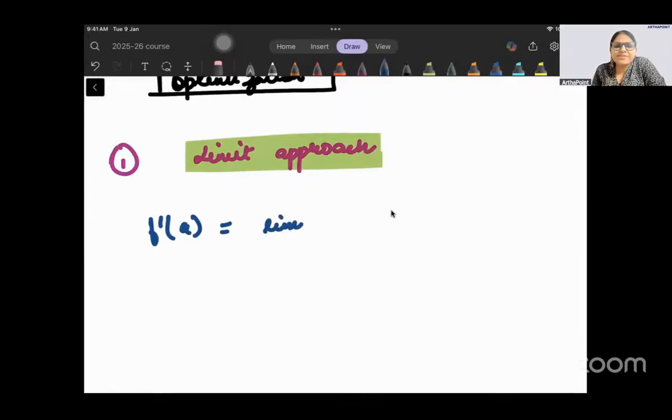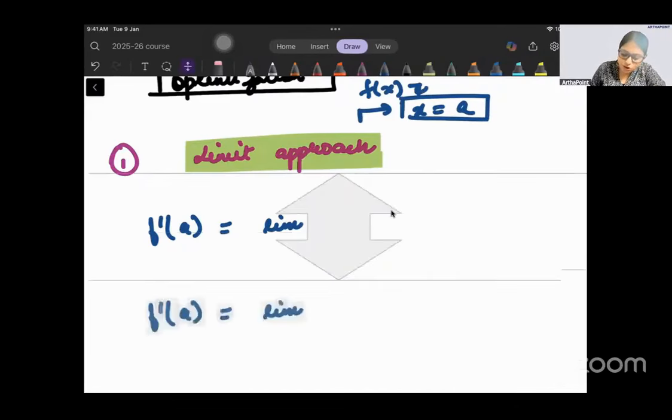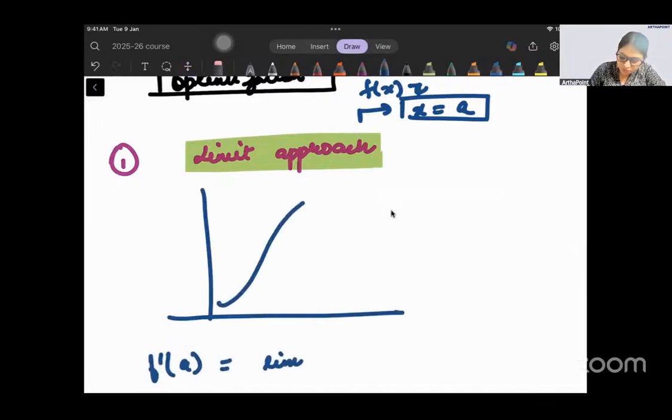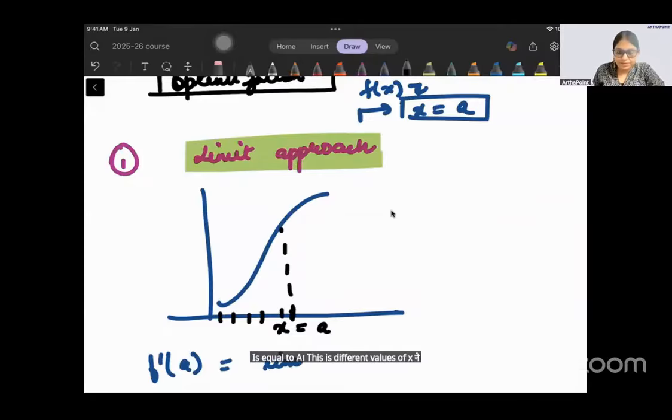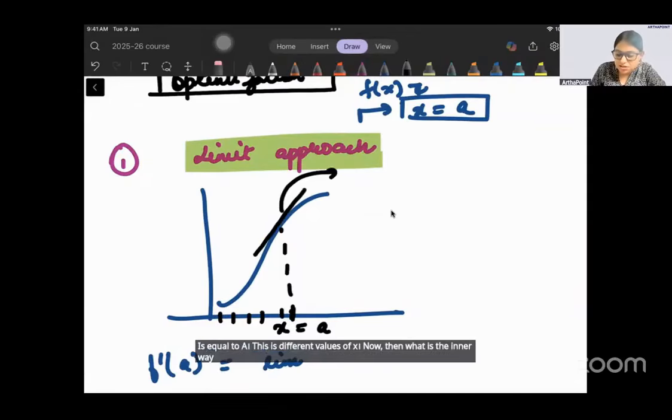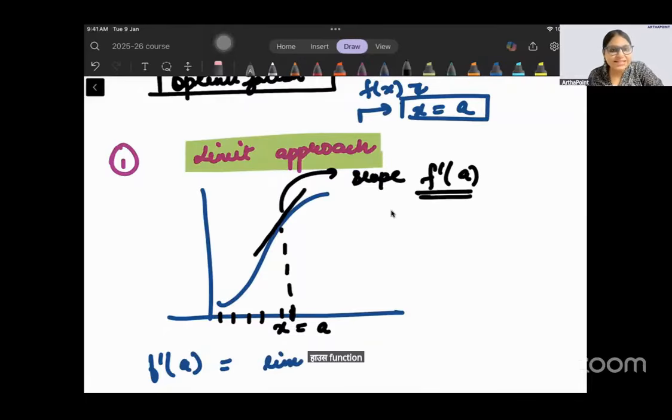So what is f dash a? How the function is changing, right? Say suppose I want to ask how the function is changing when x is equal to a. When the function f(x), in that function x is equal to a, I draw a function and here I take x is equal to a. This is different values of x. Now when x is a, then what is, in a way, the slope of this function? How this function is changing, that is the derivative.